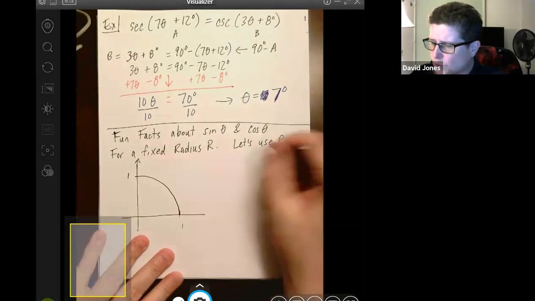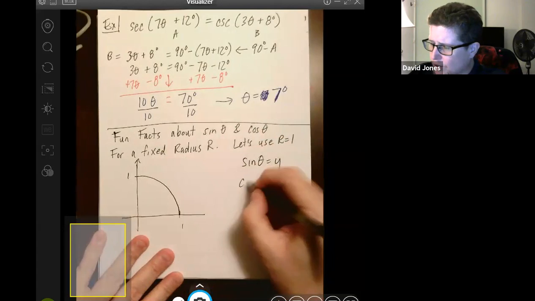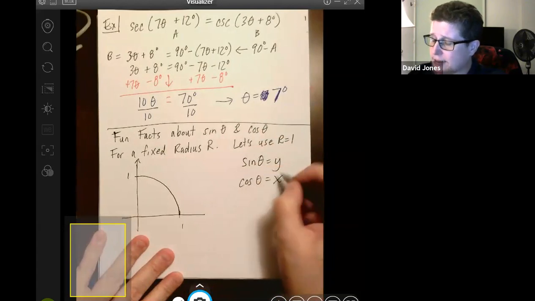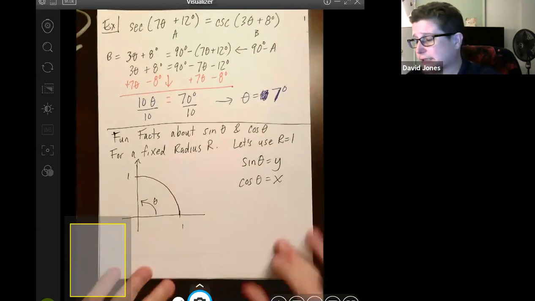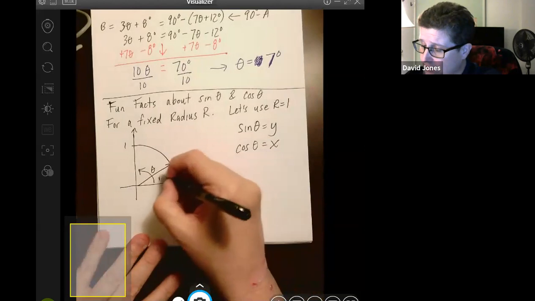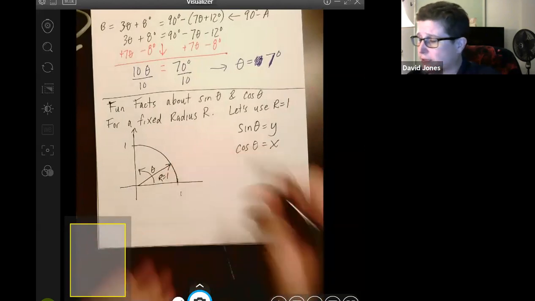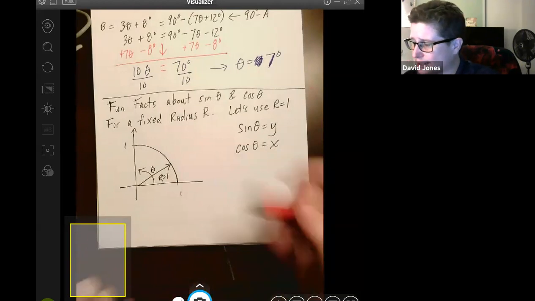When r equals 1, sine theta equals y, cosine theta equals x. And theta is going that way. Okay, this is a radius of 1. What happens as theta increases?